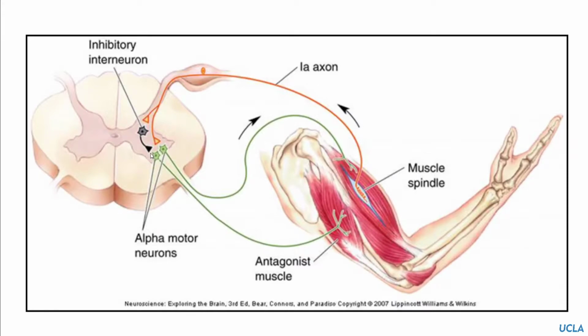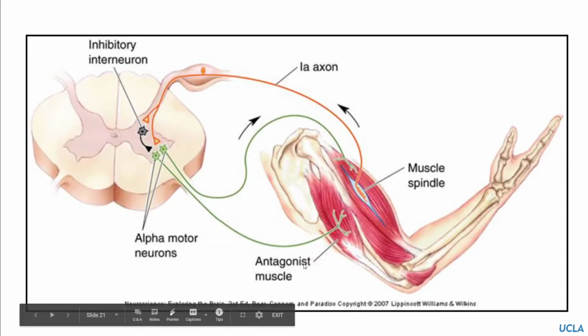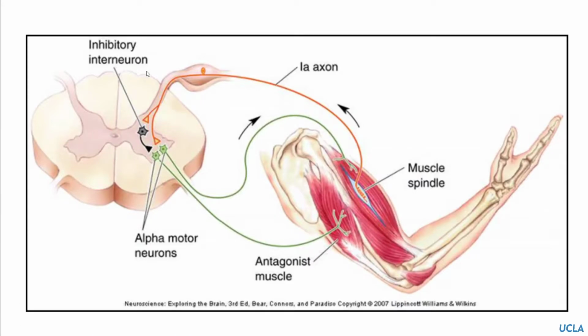Inhibitory in that it releases a negative symbol or an inhibitory neurotransmitter to inhibit this motor neuron and thereby discourage the triceps, or the antagonist muscle, to contract. An interneuron, by definition, is a neuron that starts and ends within the spinal cord.